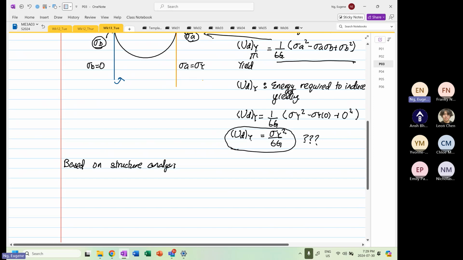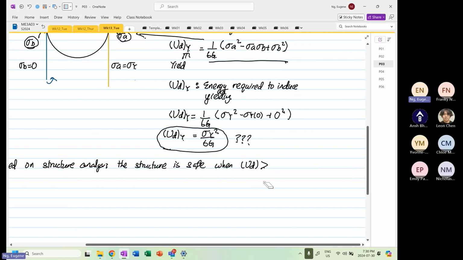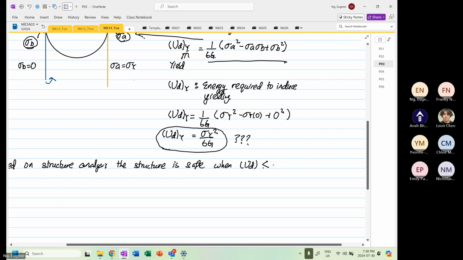The structure is safe when U_d is less than or equal to U_d at U. Over here on the left hand side, this is U_E, not V, sorry. It looks like a cursive V when I write it that way.